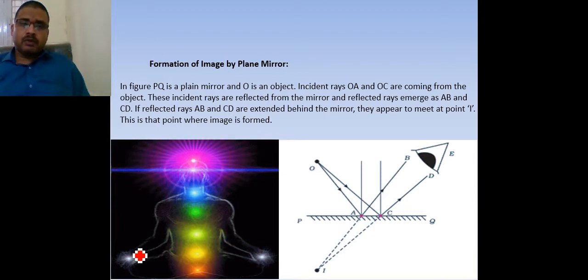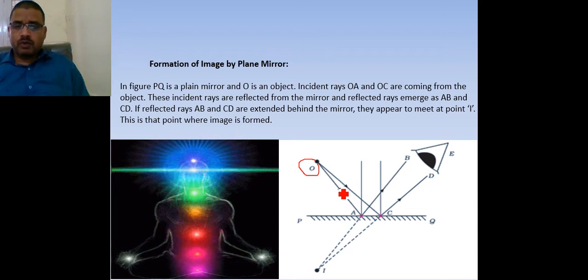Now just go through this figure here. As you can see in the figure, the rays coming from the source are called incident rays, and this is the source from where these rays are coming.